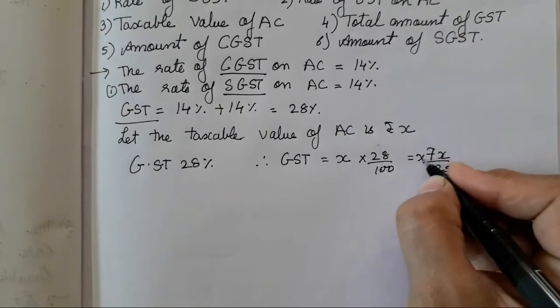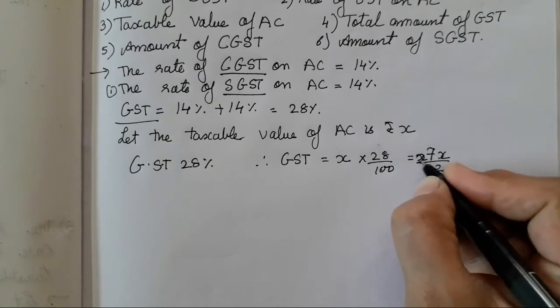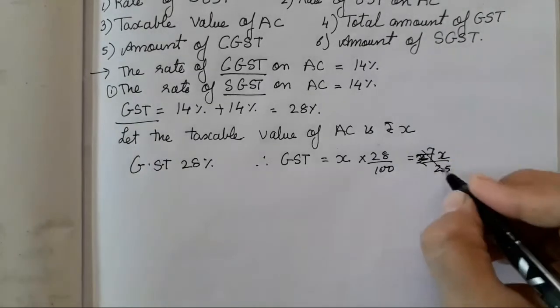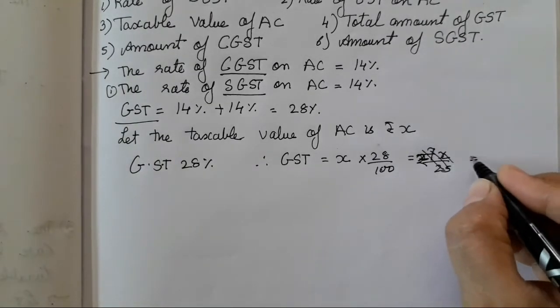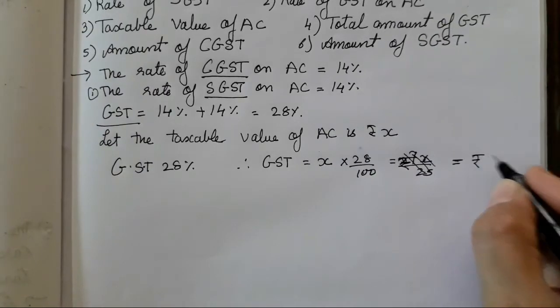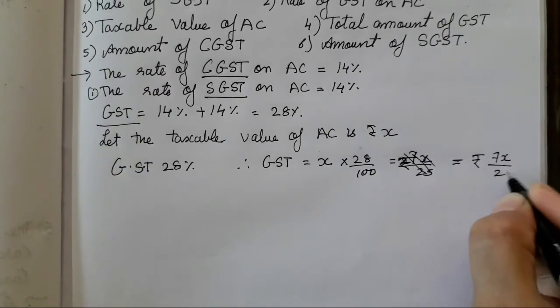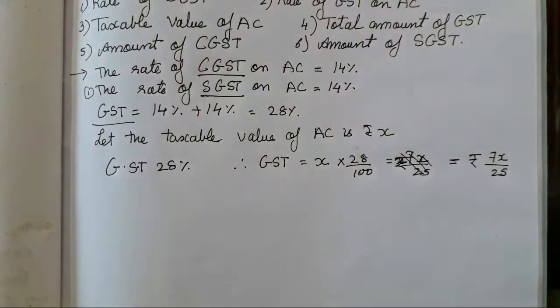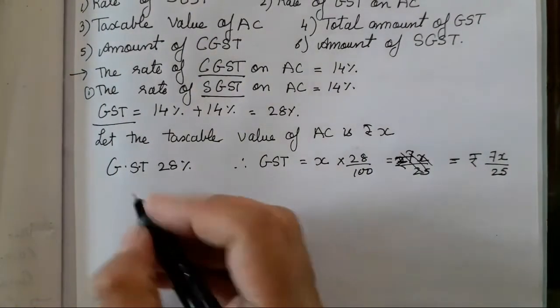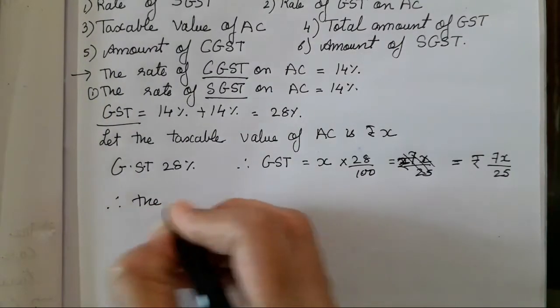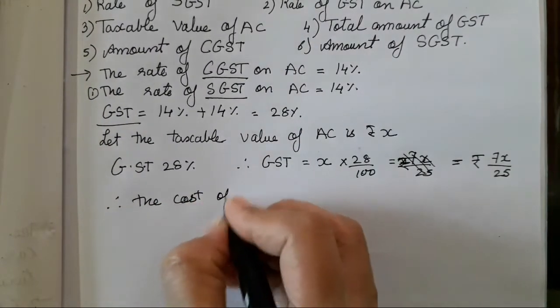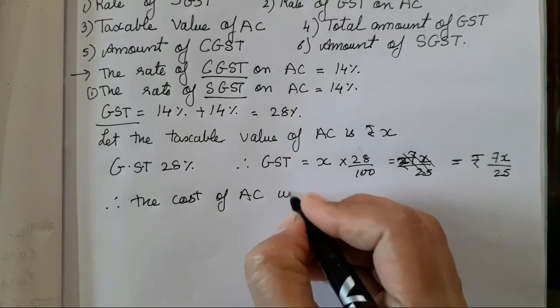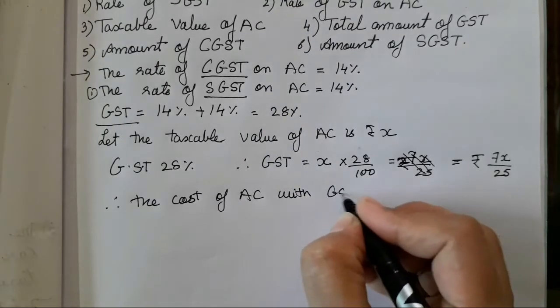Reduce this, children, you will get the answer. So this is going to be rupees 7X upon 25. Okay, means once you all reduce it. Now this is going to be the total cost of AC with GST.